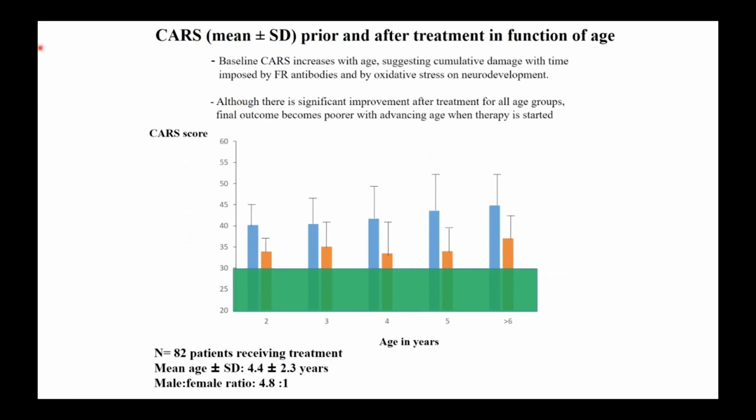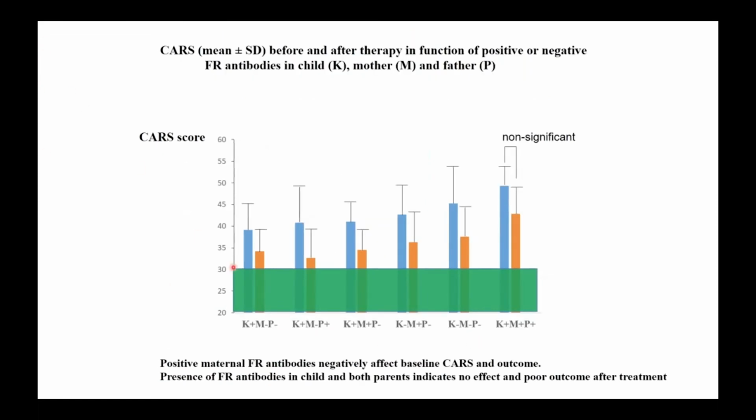And when you looked at the profiles of antibodies where the child, mother and father were tested, you see that all groups had a drop in the CARS score and improved. But when the parents both tested positive, there was no significant change.